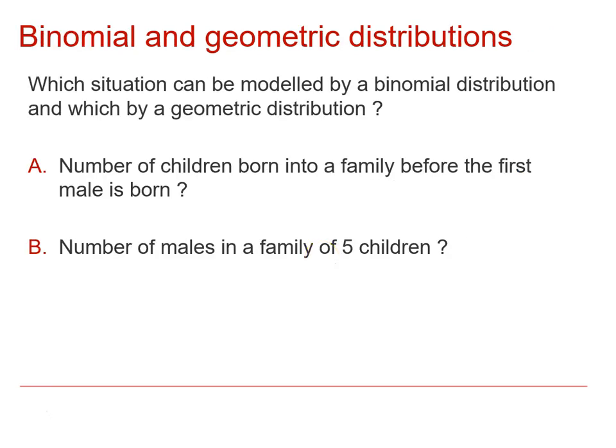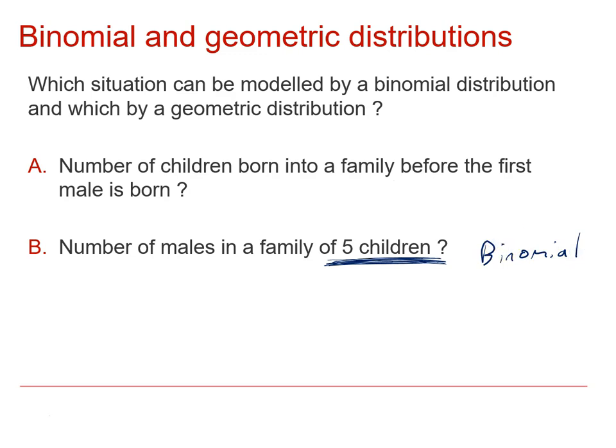If we're wondering if a situation should be modelled by a binomial or a geometric distribution, we need to look at a couple of things. The first is the assumption that differs between them, the fixed number of trials. The fixed number of trials is required for a binomial distribution, but not for a geometric. So when I see a family of 5 children, I think to myself, that is a fixed number of children, I think that's binomial.